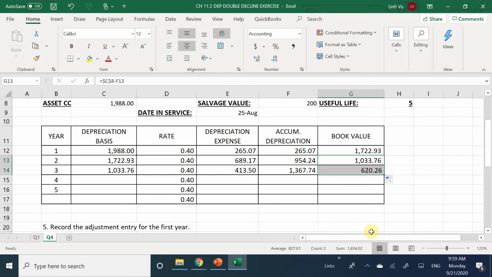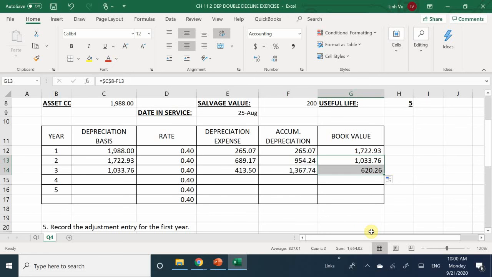So 954.24 plus 413.50. Okay, what's 24 plus 50? That's for sure going to be 74 cents. And in this case, we have 620.26. So if we add those two numbers together, it should give you an even number of 1988. So this is correct so far.